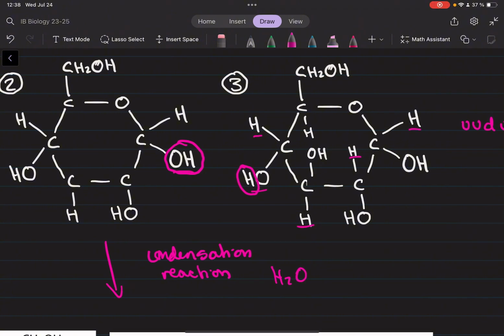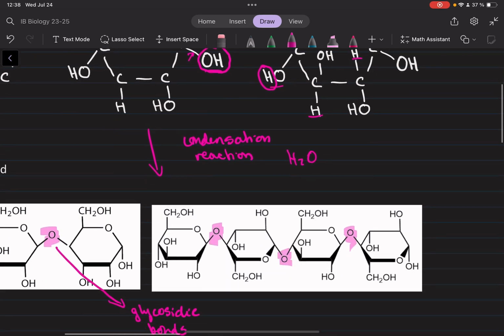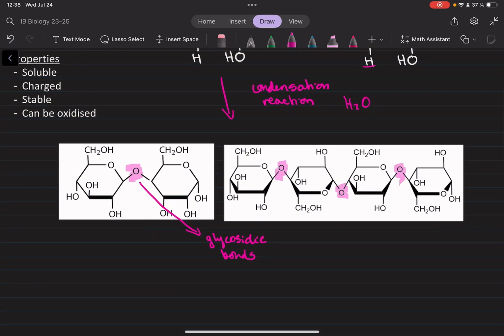And then this carbon over here would bond with this oxygen, and then these hydrogens are obviously left alone there to create the glycosidic bond.